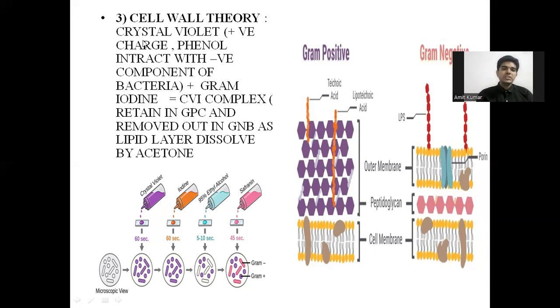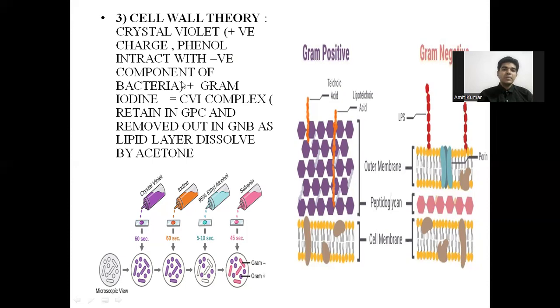Once we put crystal violet on the smear, the phenolic compound of crystal violet helps the crystal violet enter into the cytoplasm of bacteria. Once it enters the cytoplasm of bacteria, this positively charged crystal violet combines with the negative constituents of the bacterial components.